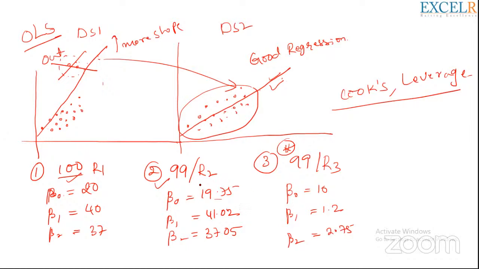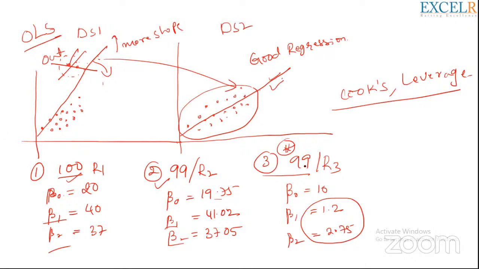Because when you build this regression equation, one of the data points that you have removed, because of that one data point being removed, the line is slowly coming down. So when you remove a data point, if you see a drastic change in the betas like this, that means you have removed an outlier or influencer.